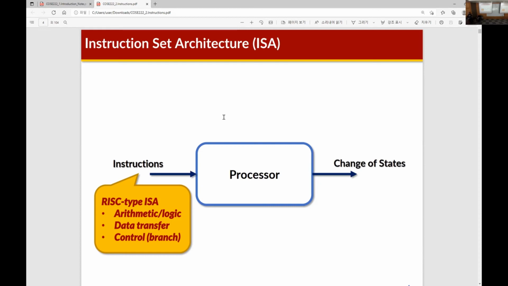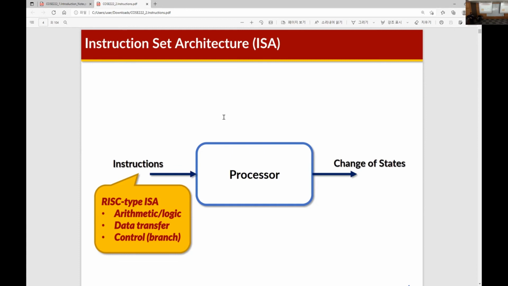Arithmetic operations are add, multiply, divide, and so on. Logic operations are AND, exclusive OR, and other logical operations. Then there are data transfer instructions. All data is stored in the main memory, and then data should be transferred to the registers. That is the data transfer instruction.